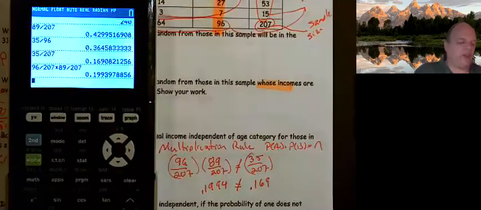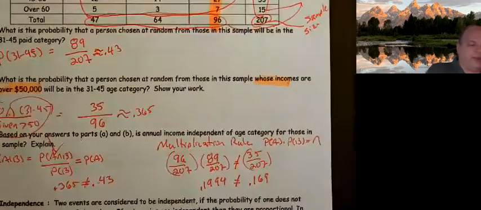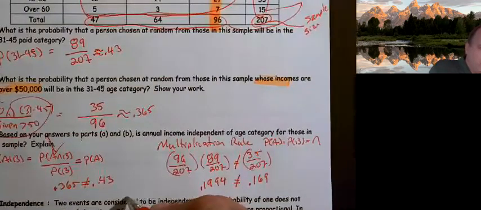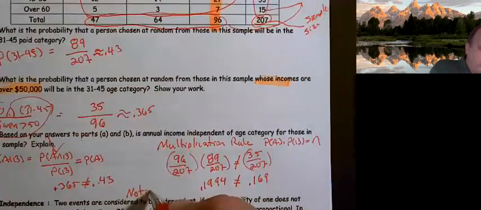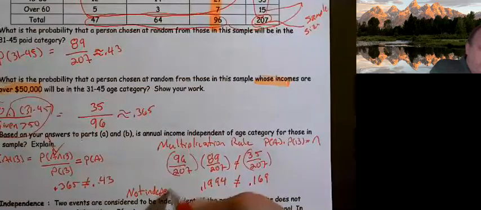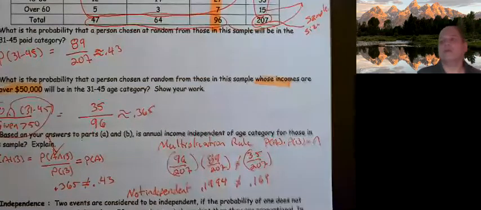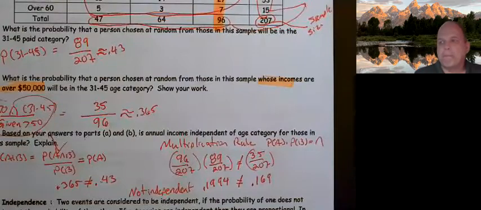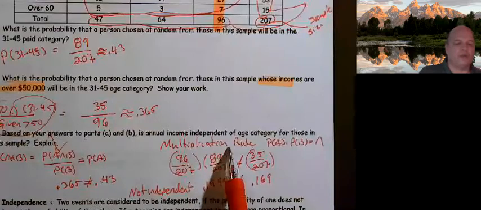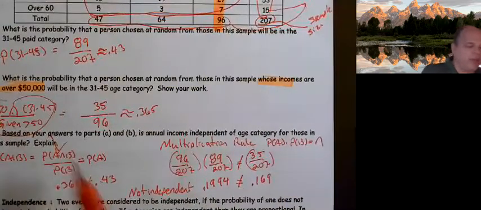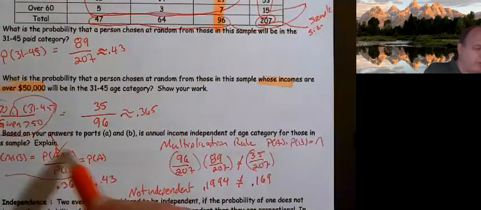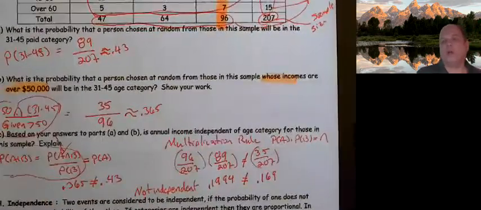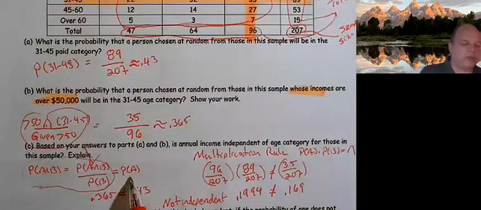All right, because they are not equal, and I should have said this over here, they're not independent. All right, and please note the multiplication rule is only true if independent. This part is always true, but it only equals the probability of A if independent. All right, we good with that?